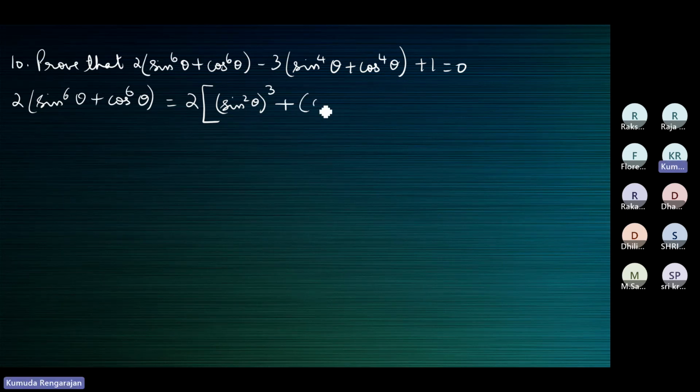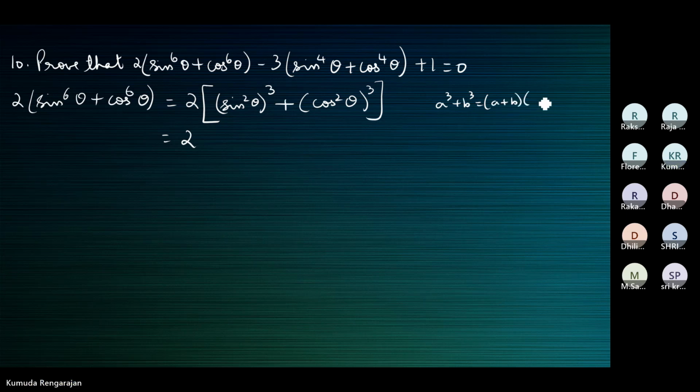Similarly, you want cos square theta. So put the power 3 outside. So this is the first step. Now this is like a cubed plus b cubed. So a cubed plus b cubed is a plus b into a square minus ab plus b square.